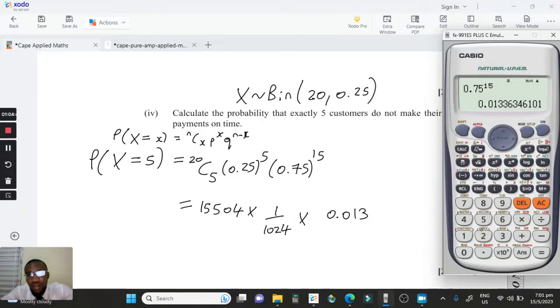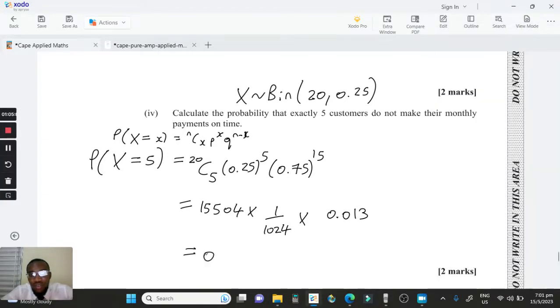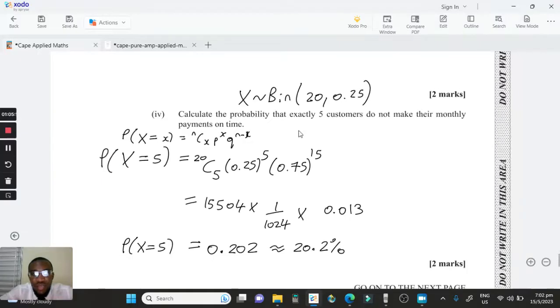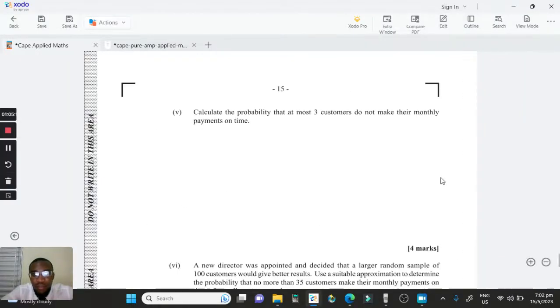Then multiply that by 1 over 1024 and by 15,504. And so that is our answer. It is roughly 0.202. That's the probability of X equal to 5, which is approximately 20.2%. There's a 20% chance that exactly 5 persons do not make their payments on time.